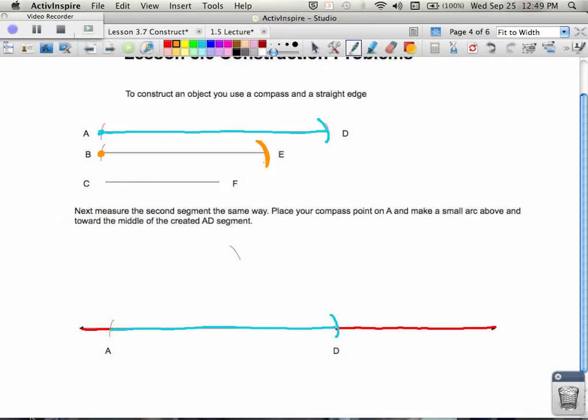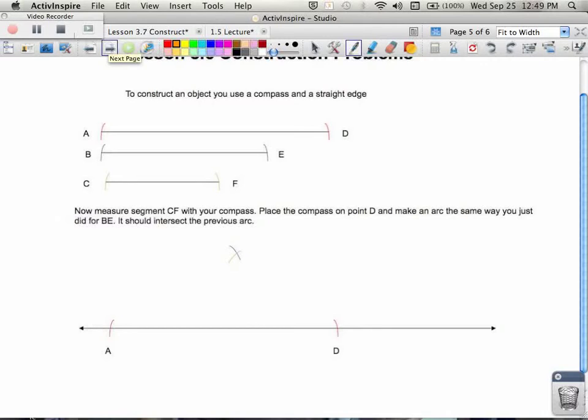Then I will take my compass point, put it on the left side where A is, and my compass is already stretched out to the length of BE, and I'm going to make an arc out in space. And that's it for that step.